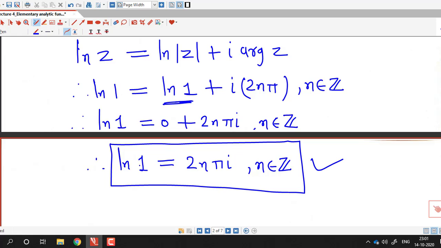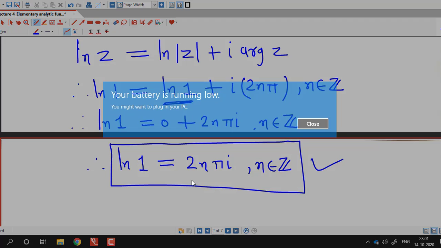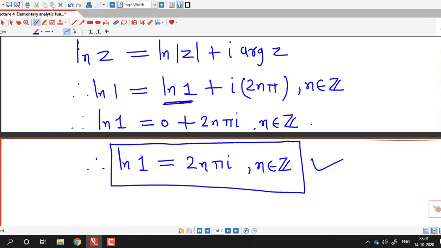As we know that the logarithm of a complex number is a multiple valued function, so it is justified here. Depending upon different integer values of small n, we will have different values of log 1. For example, if I take n equal to 0, one value of log 1 is 0. If n equal to 1, it is 2 pi i.